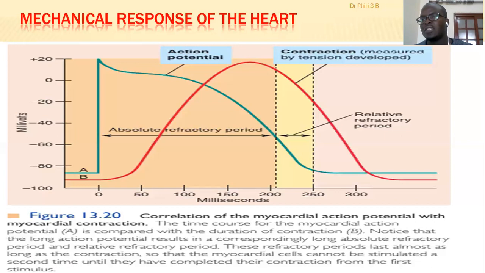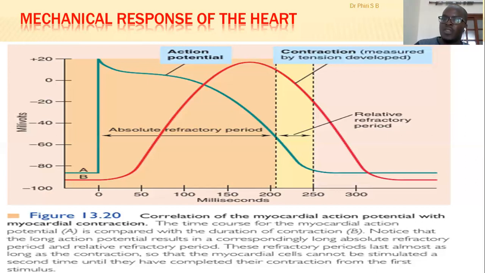Within the T systems, they are going to stimulate the opening of the dihydropyridine receptor. When they open, you know to say that you have more calcium in the lumen of this sarcotubular system as compared to the sarcoplasm. So calcium will start moving now from the T system into the sarcoplasm.